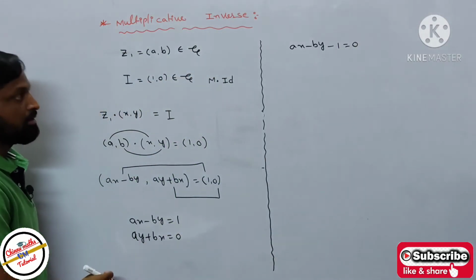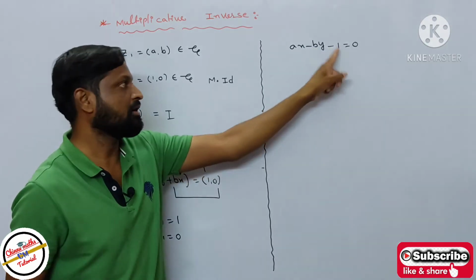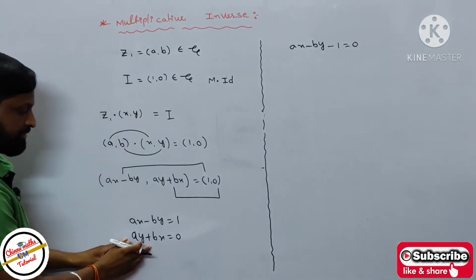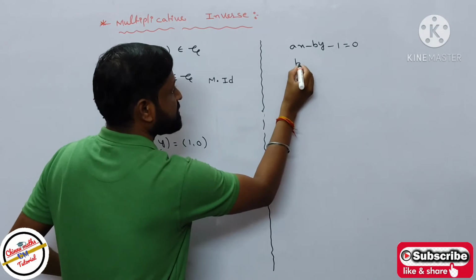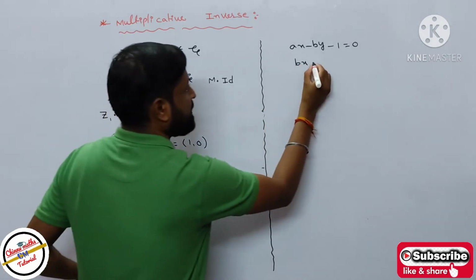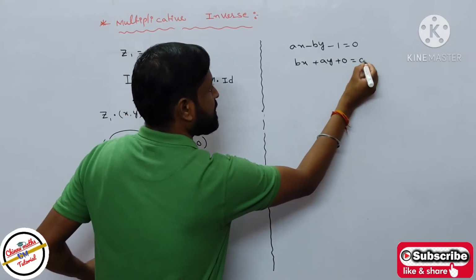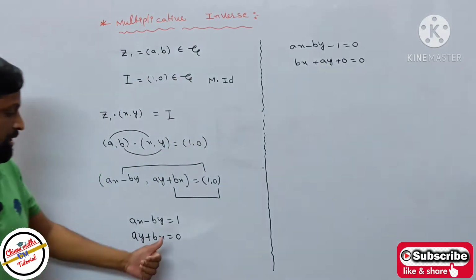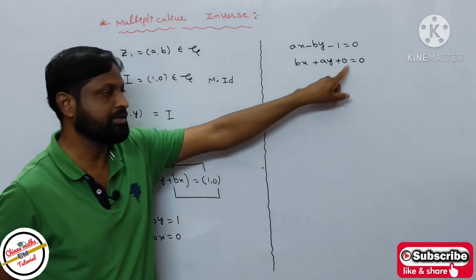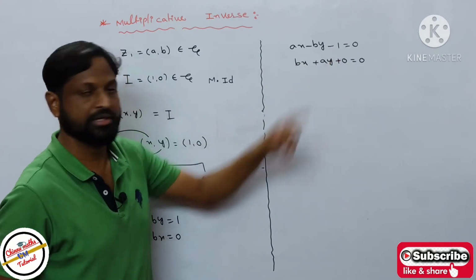Next, write in order. What is this equation's order? X term, y term and constant. Similarly, write the second equation also. First write the x term, BX, after that the y term, plus AY, there is no constant value, so 0 equals 0. Instead of a constant value you have to write 0. The order is x, y, constant.